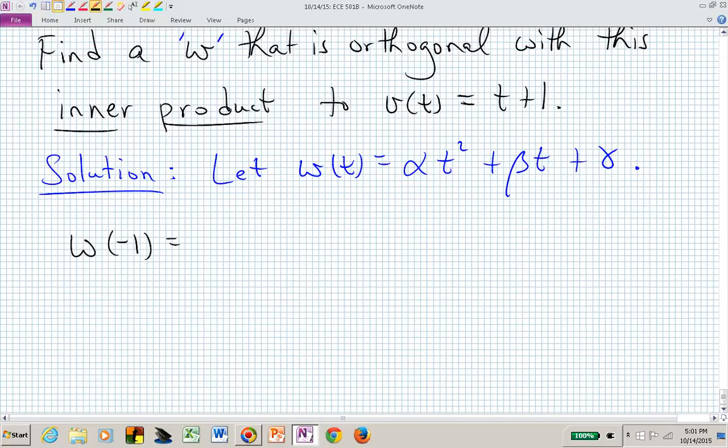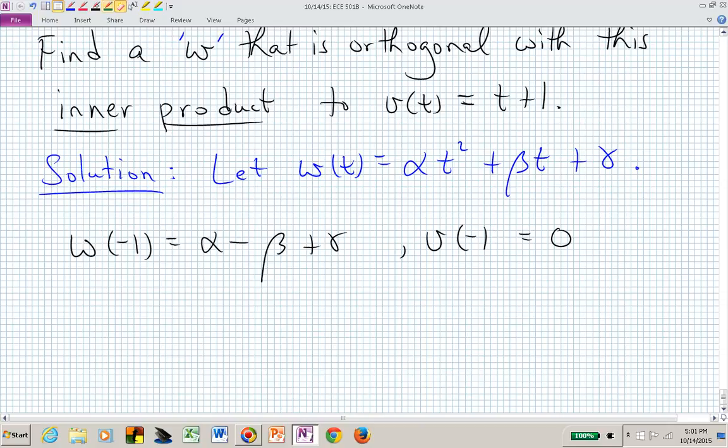Now, if we evaluate this at -1, we end up with alpha minus beta plus gamma. And what is V of -1? That's 0.